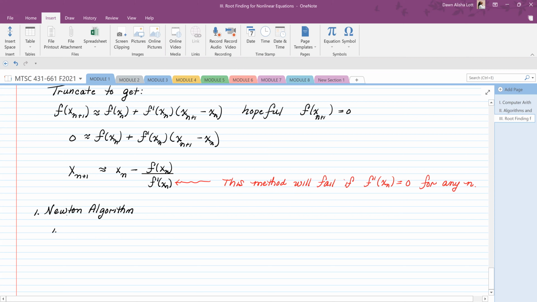So we're going to set or define something called iterate. I usually call it iter equal to 1. So that tells you the number of iterates.